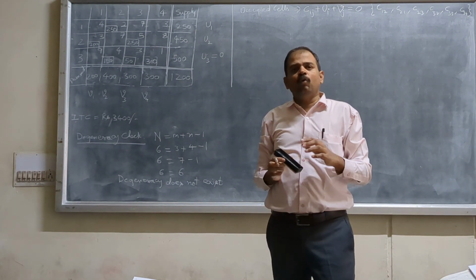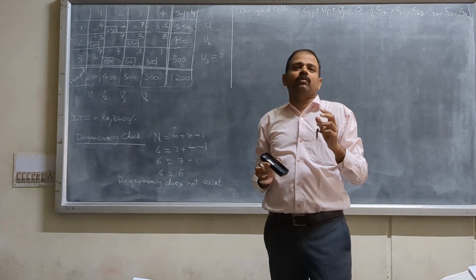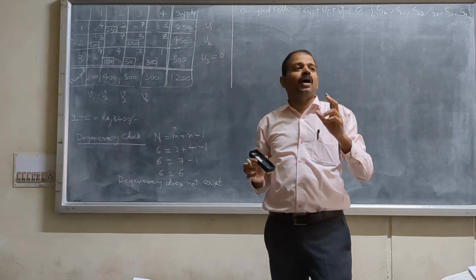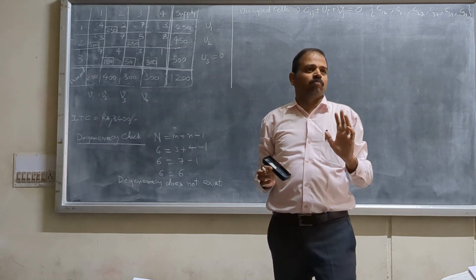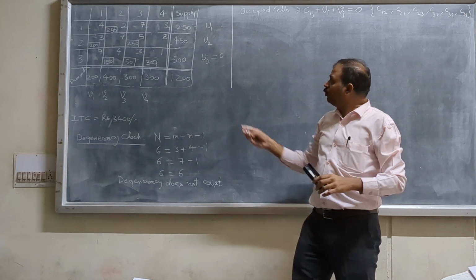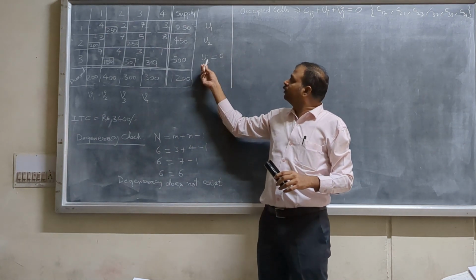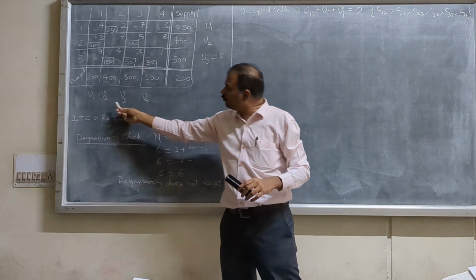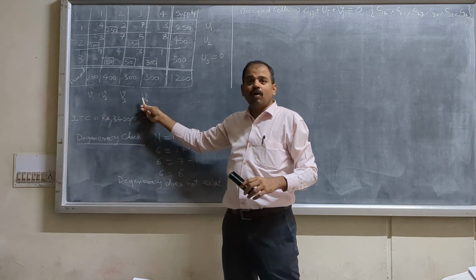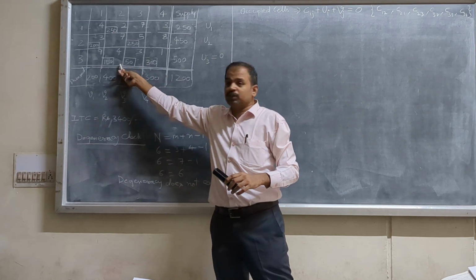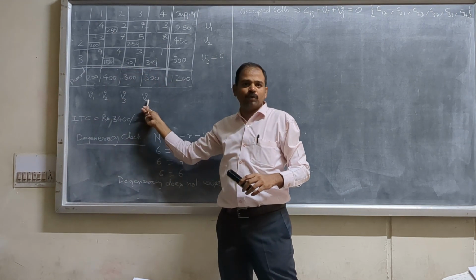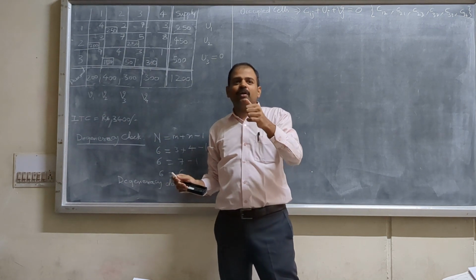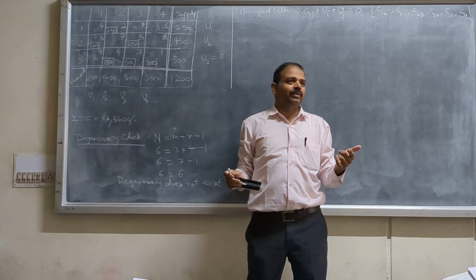Okay. Now we'll start working with the row or column which we have assumed as 0. The reason is you have assumed the value of U3 as equal to 0 here, because you can trace out the values of V2, V3 and V4, the allotted cells of this row. If you know the value of one variable, you can find out the value of the other variable, as in school basics.